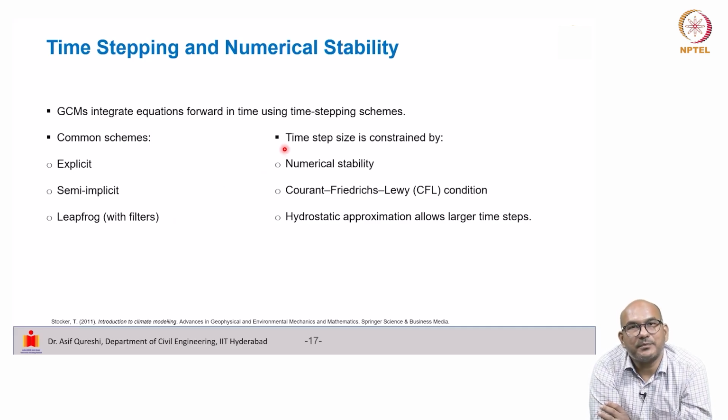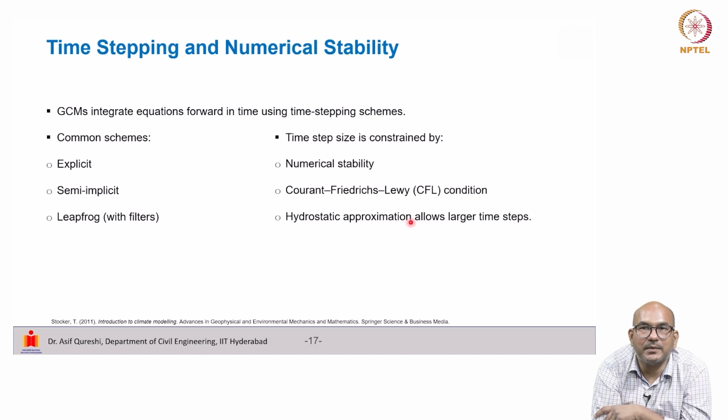However, the time step is constrained by numerical stability, our CFL criteria, U delta T by del x. But when modelers make some hydrostatic approximations, sometimes larger time steps are also okay. So, it depends on a case by case basis.